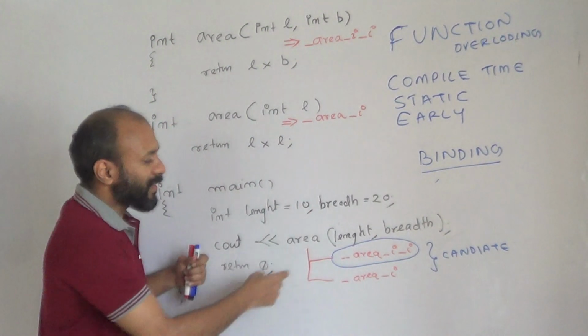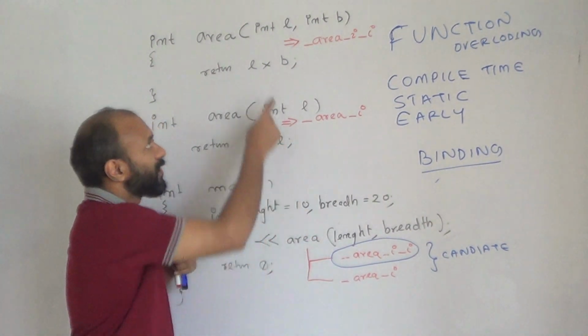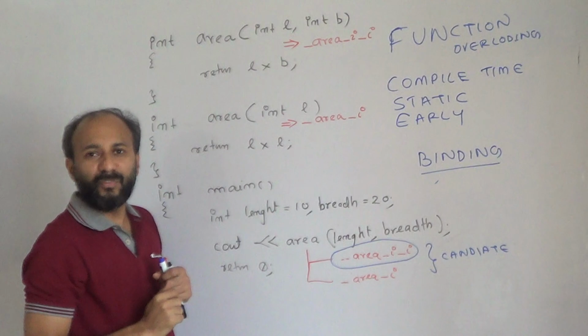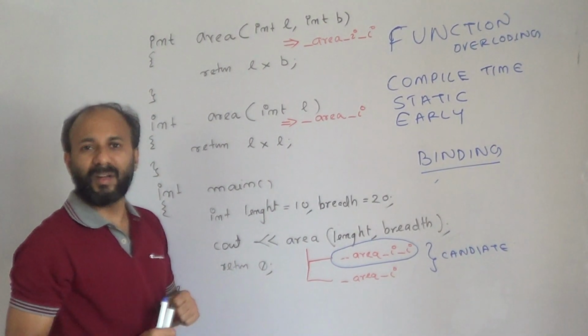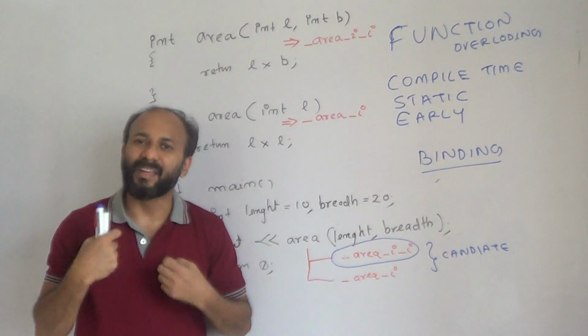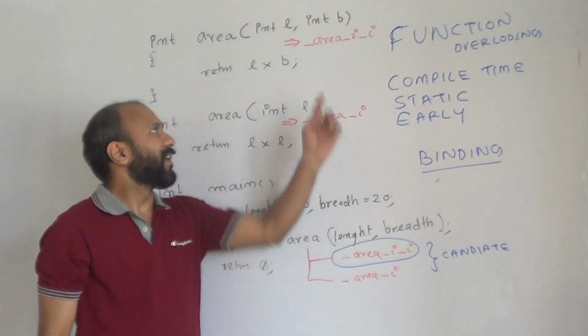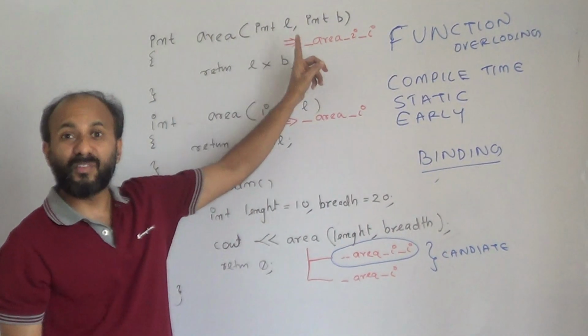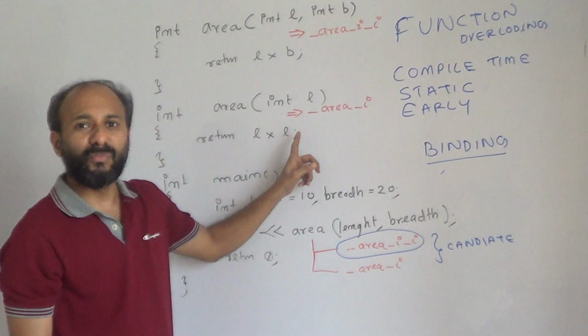Now how the compiler internally identifies the function is with the help of name mangling. Name mangling is nothing but the compiler changing the name of the function with the help of the number of arguments, order of the arguments and the type of the arguments.